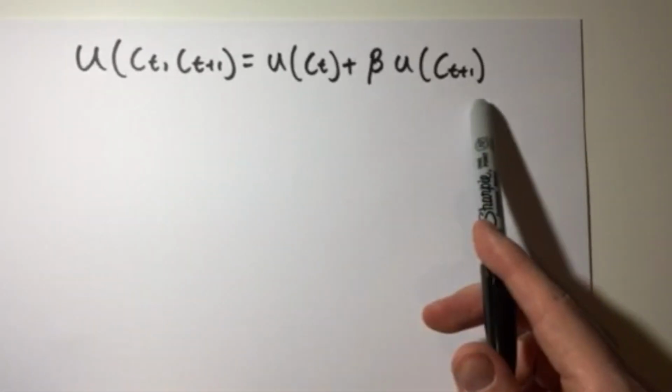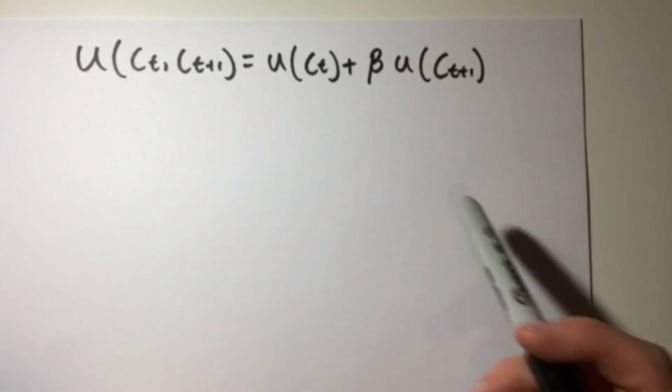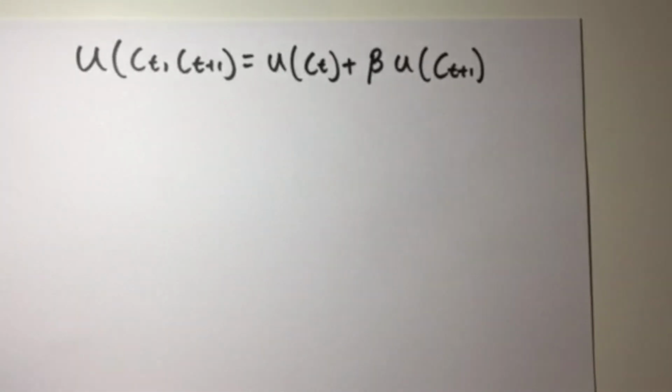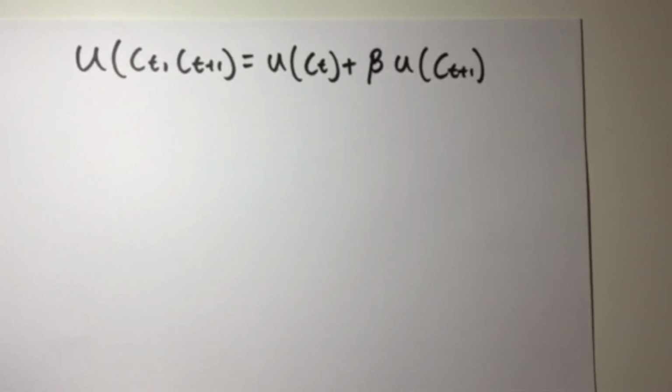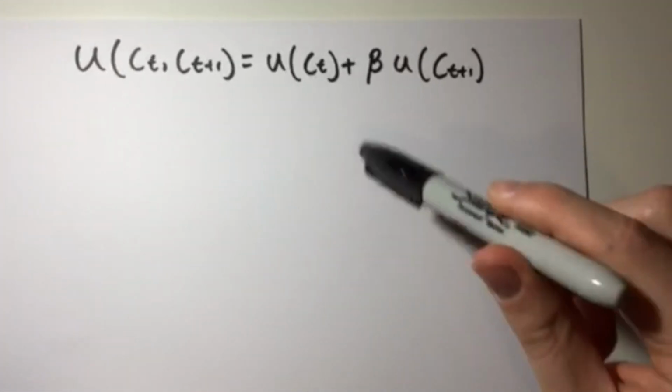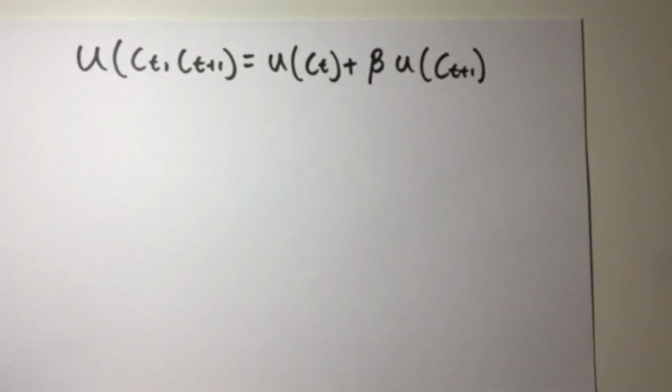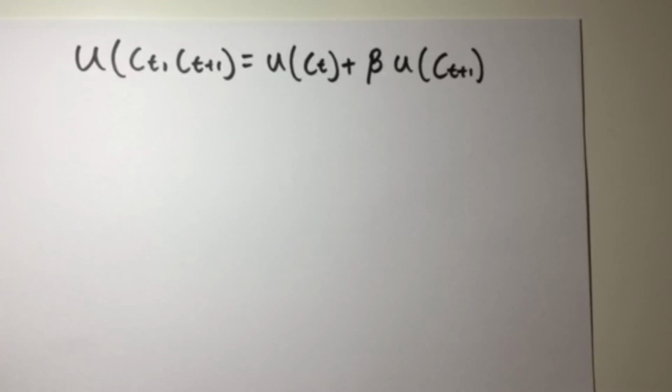And that's going to be our utility function over the two periods. The reason we have beta is because consumption in the future is going to be less valuable than consumption today. So as a result, we have to include this discount factor beta.